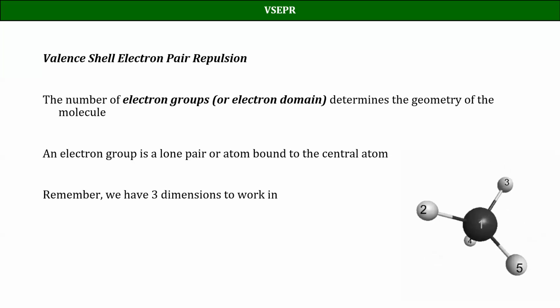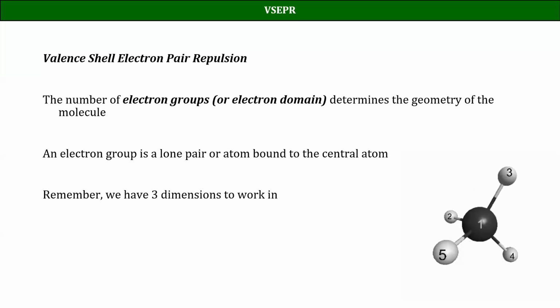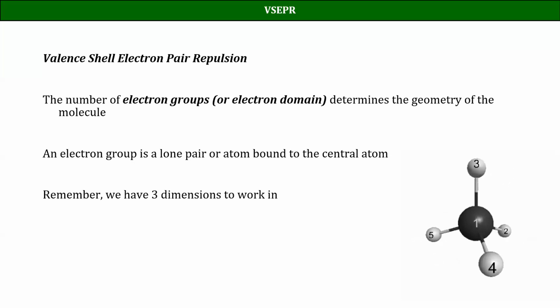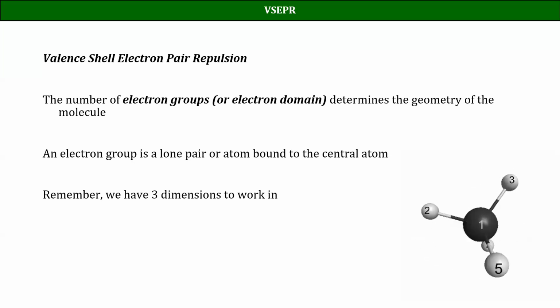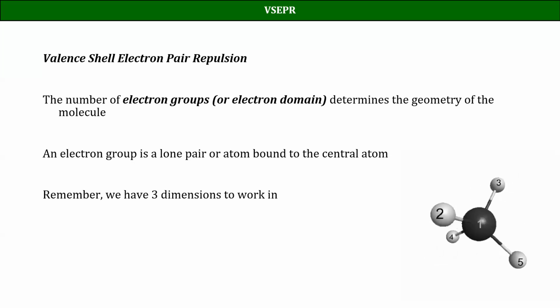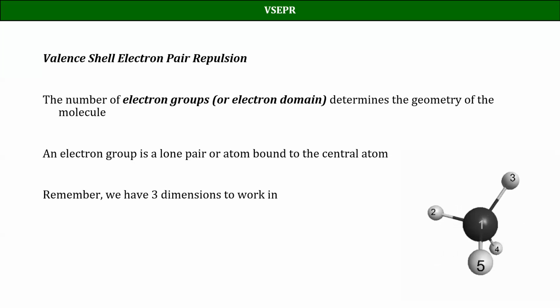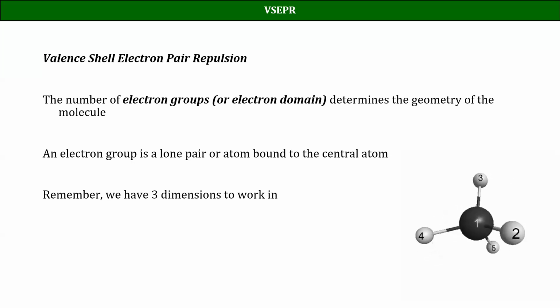Every single one of these bonds has 3 nearest neighbors that are all 109 degrees apart from each other, right? And what do we call that shape? It makes a four-sided object when you look at it, right? A four-sided shape is a tetrahedron.